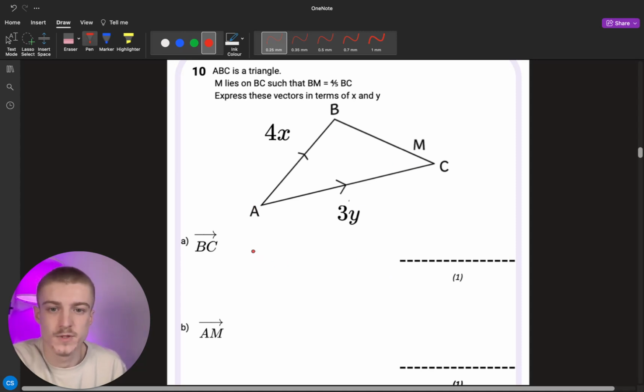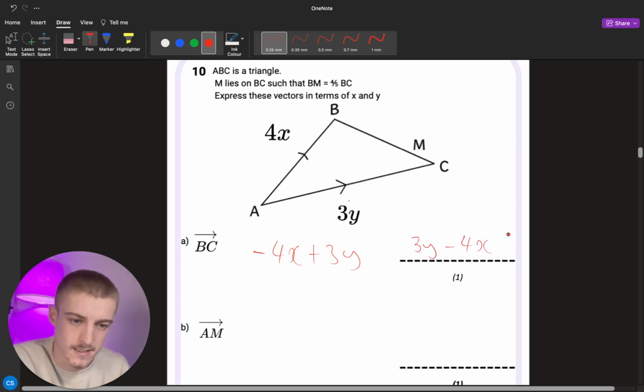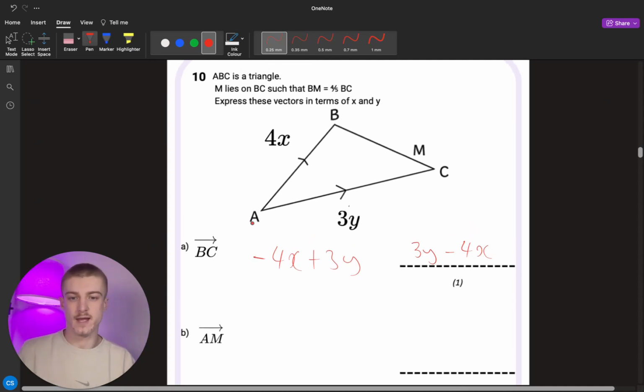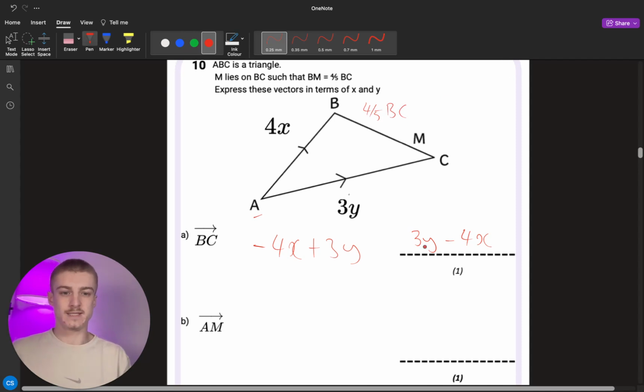Reducing by 12% is the same as multiplying by 0.88, and for 3 years we're going to put a power of 3 on that. After 3 years, that is £9,540.